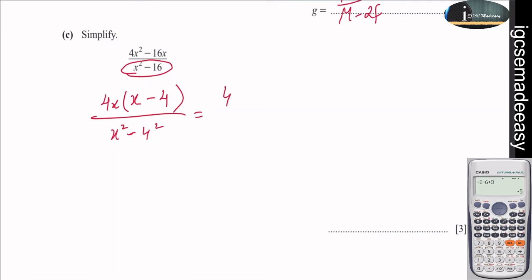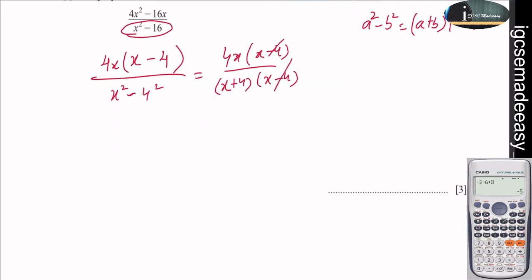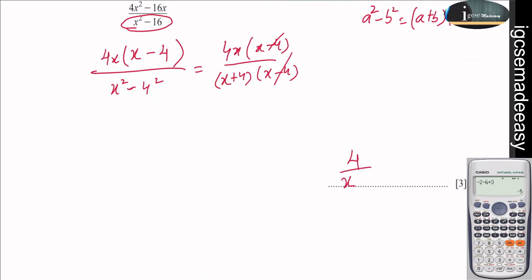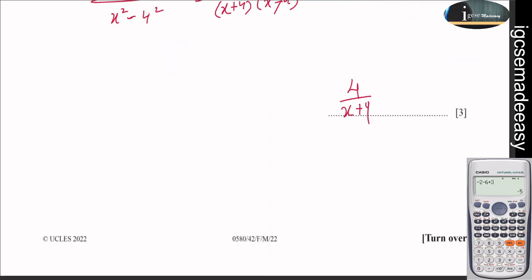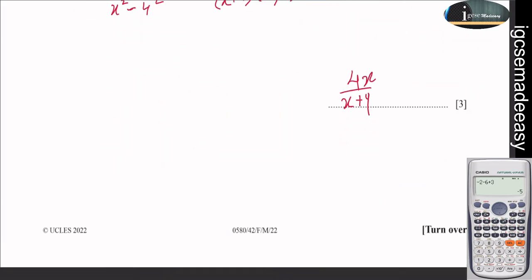So a square minus b square can be written as a plus b and a minus b. So a is x, b is 4. So x minus 4 and x minus 4 got cancelled out. So we got 4x divided by x plus 4. So this will be our answer.